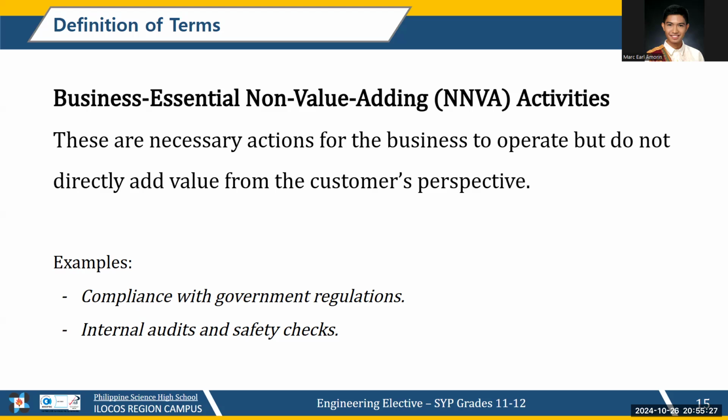And another one, in terms of the processes here in school, again, we have the ISO audits or the internal audits and even safety checks. So again, these activities do not directly add value from the customer's perspective, but they are essential, they are necessary to proceed with the process.